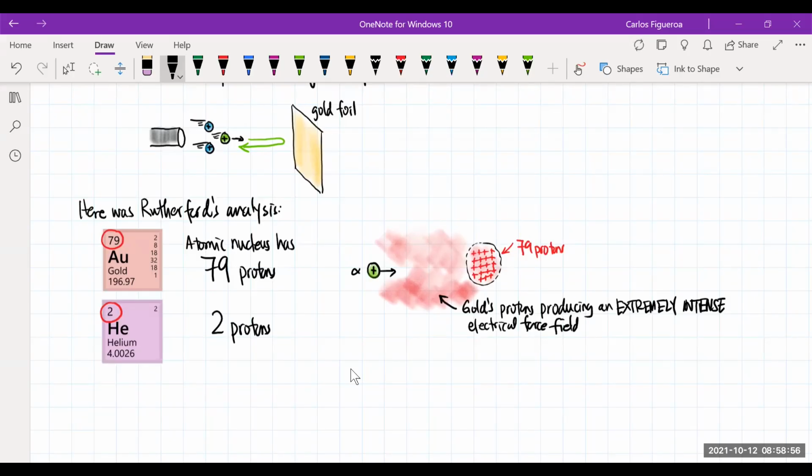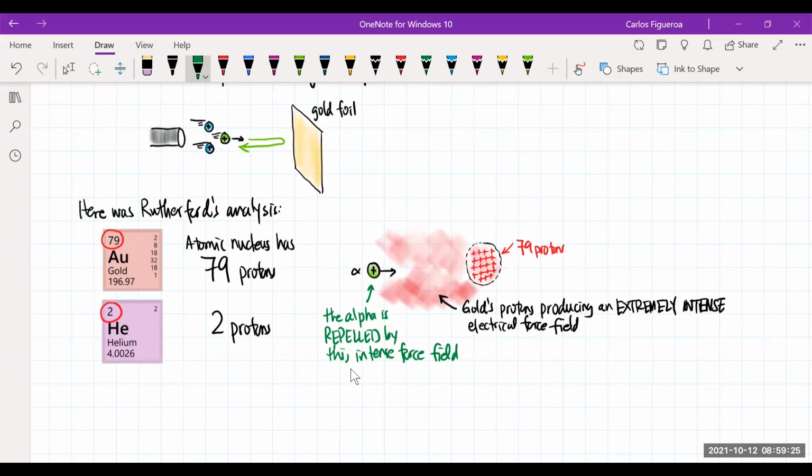The alpha is repelled by this intense force field.